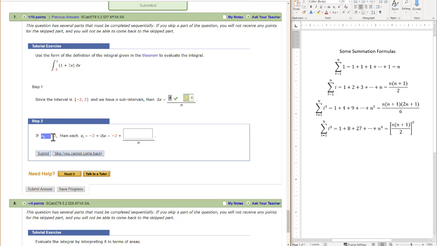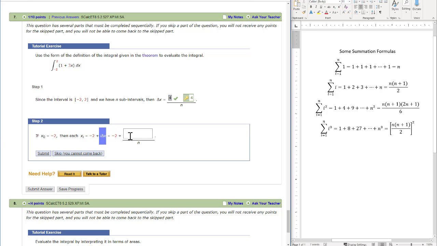Our first point in this broken down subinterval is going to be -2. So after -2, we're going to take steps of delta x. So each x sub i is going to be the starting point plus however many subinterval steps we've taken times delta x.